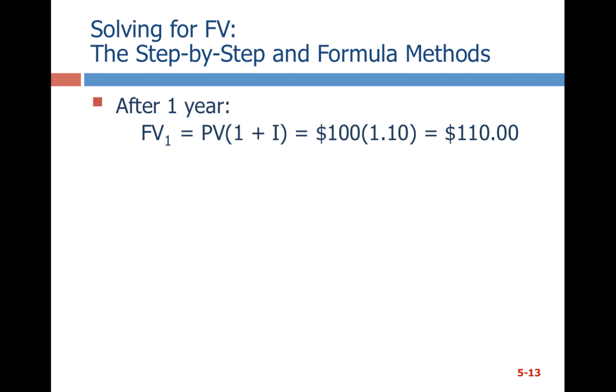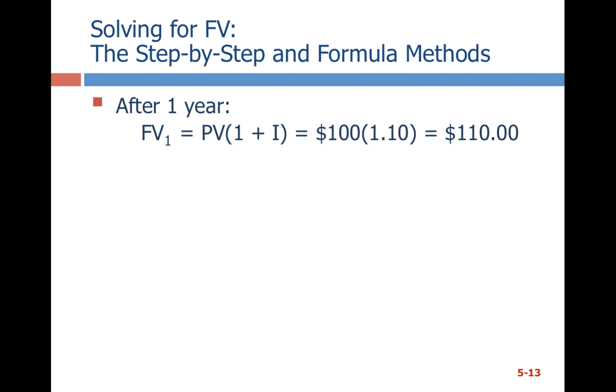After 1 year, the future value would be $110. You would just plug that into the equation: $100 multiplied by 1 plus R, or 1 plus I, depending on what text you're reading. And you're going to see that $100 multiplied by 1.1 gives you $110.